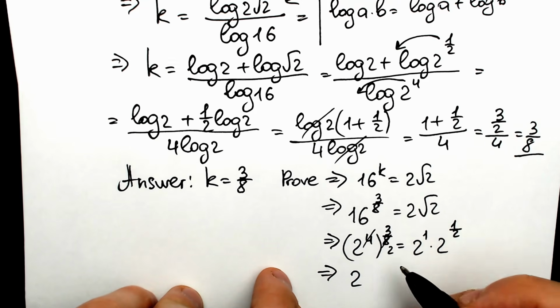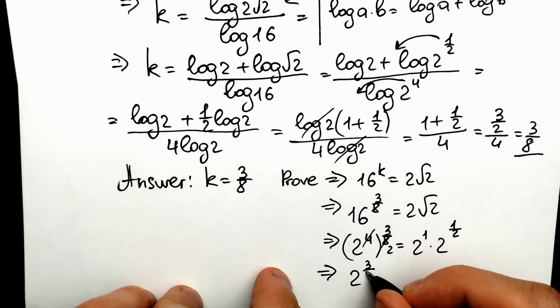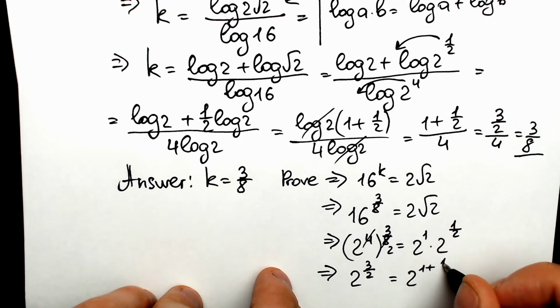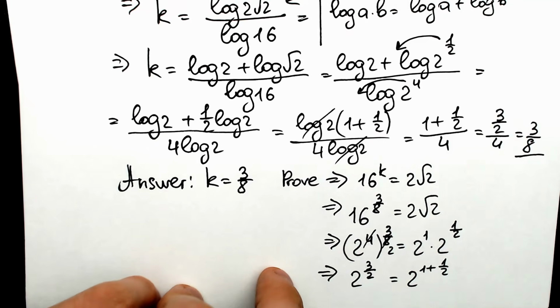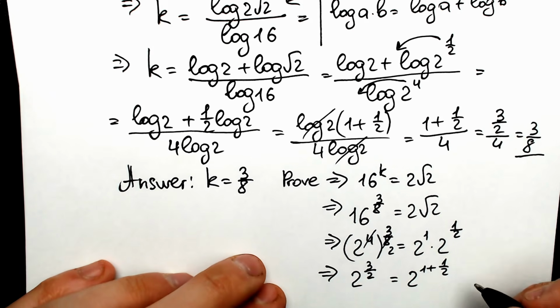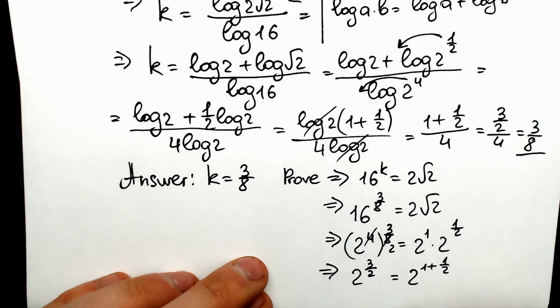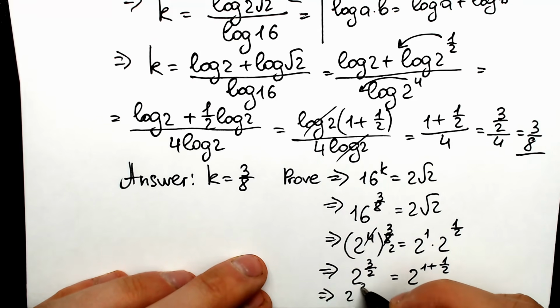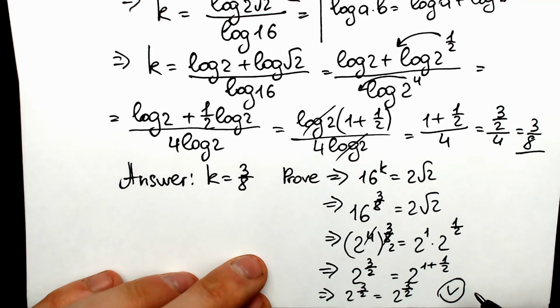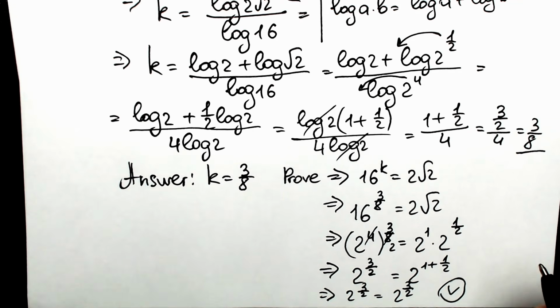So we can cancel this. So we have 2 to the power 3/2 equal to 2 to the power 1 plus 1/2. And 1 plus 1/2, according to the property, equal to 3/2. So we have the same expression: 2 to the power 3/2 equal to 2 to the power 3/2, which is really good. It means that our root is absolutely correct.